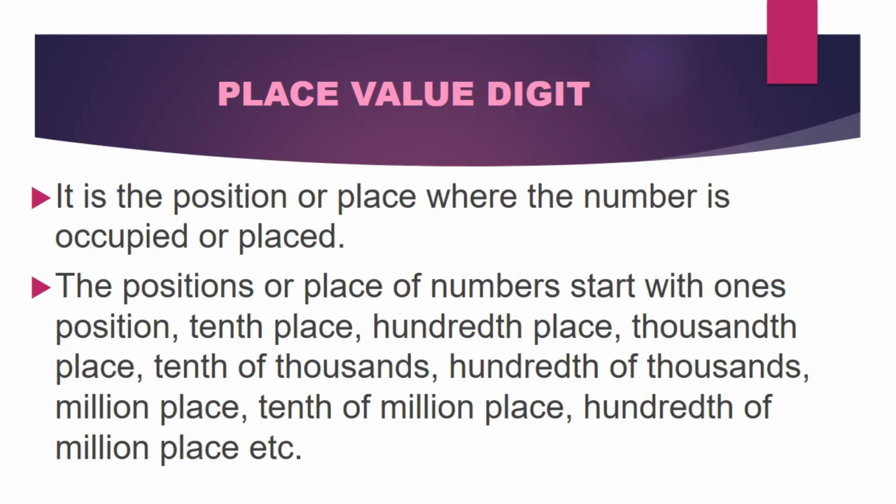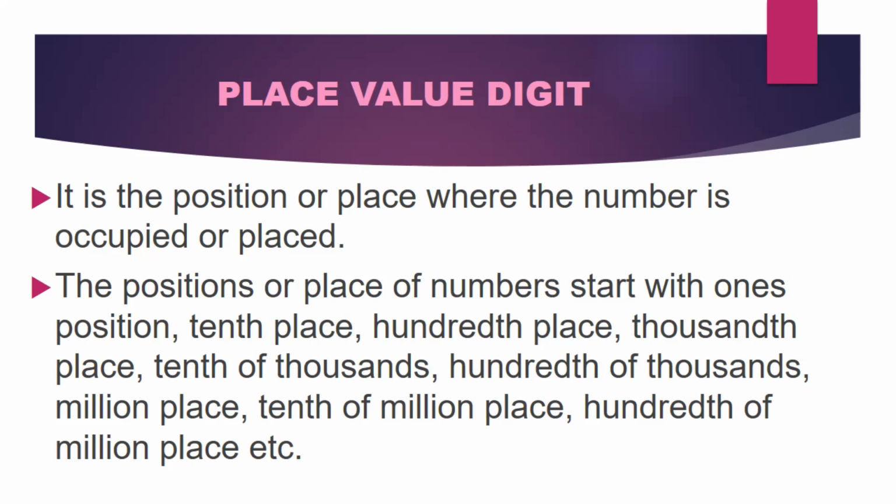The positions of numbers start with ones, the tens place, the hundreds place, the thousands place, tens of thousands, hundreds of thousands, ones of million or millions place, tens of million, hundreds of million, thousands of million. That is where we got our billion.